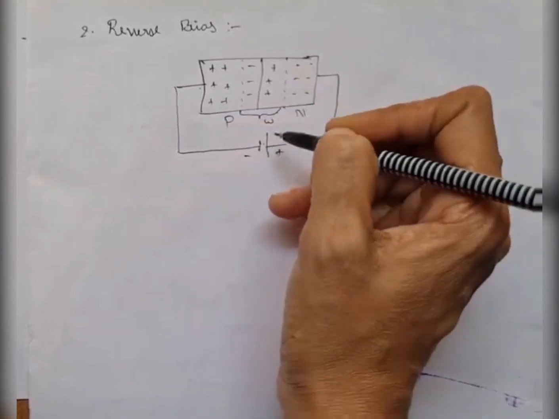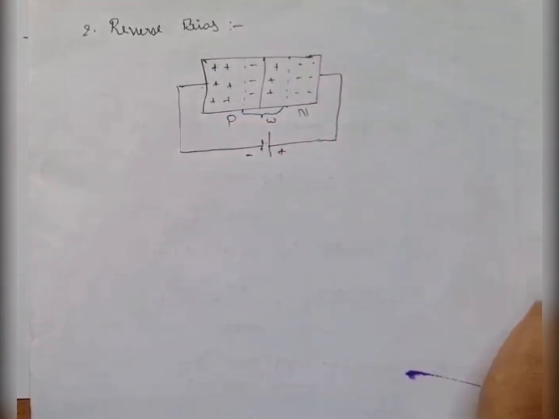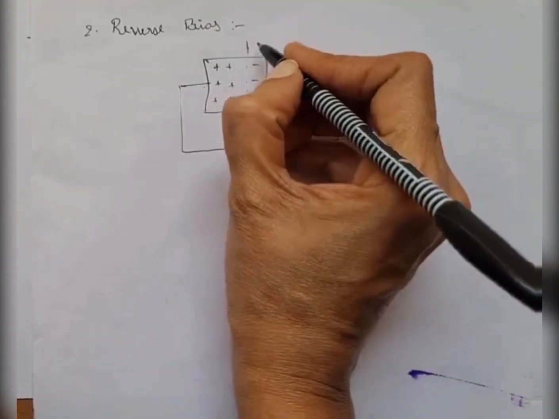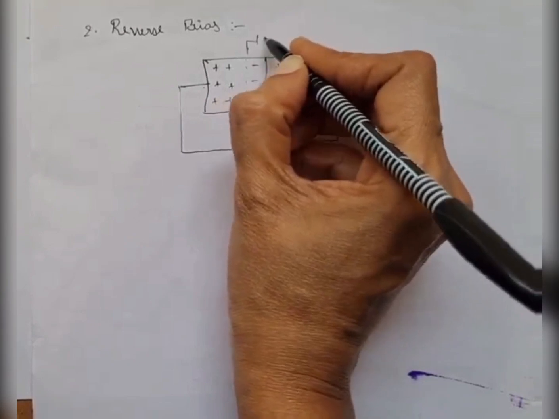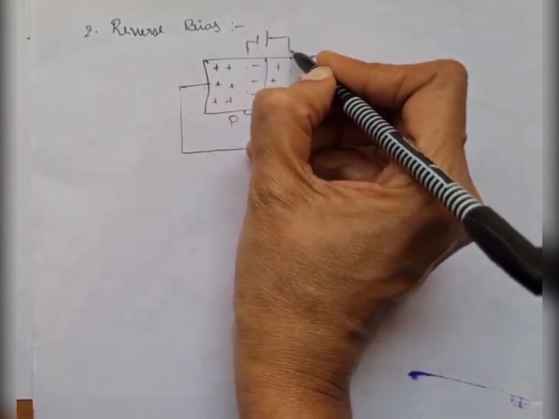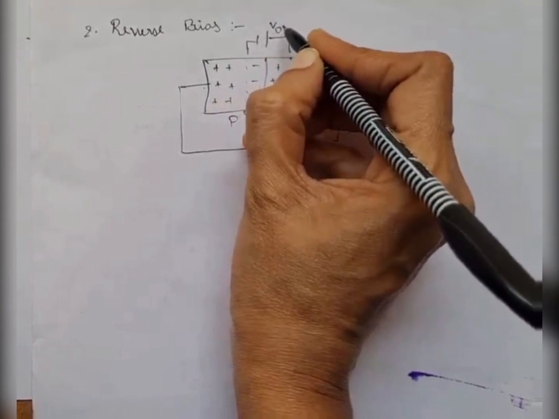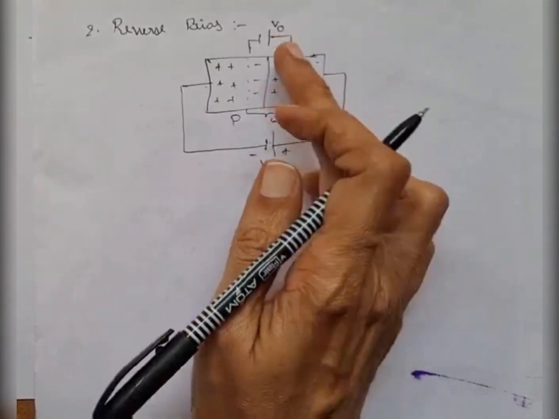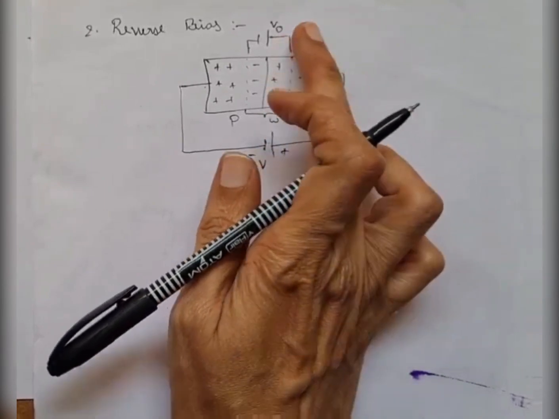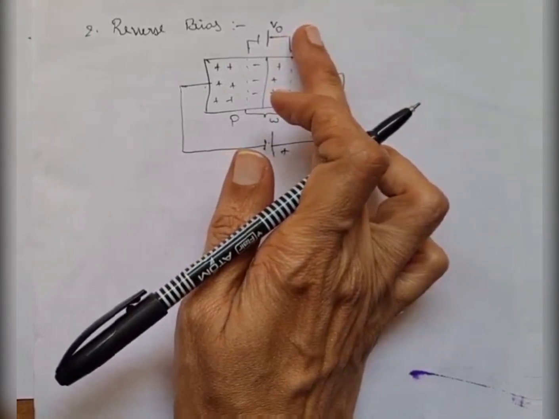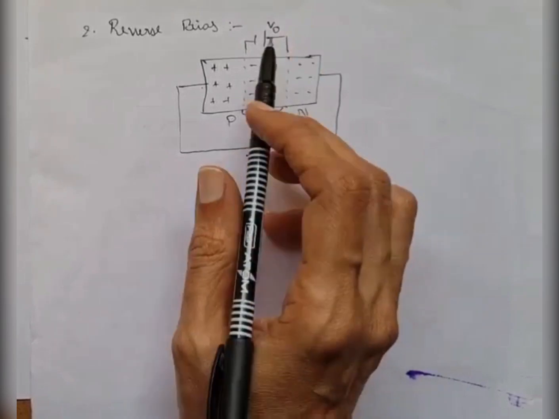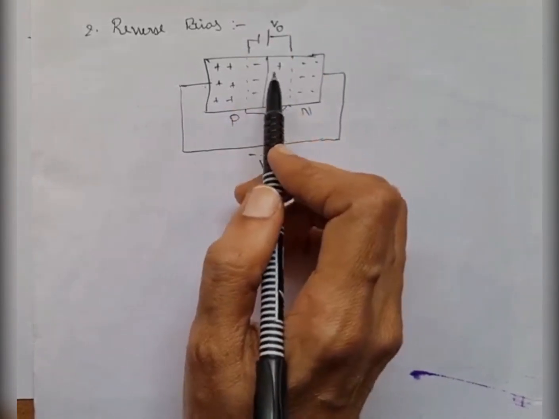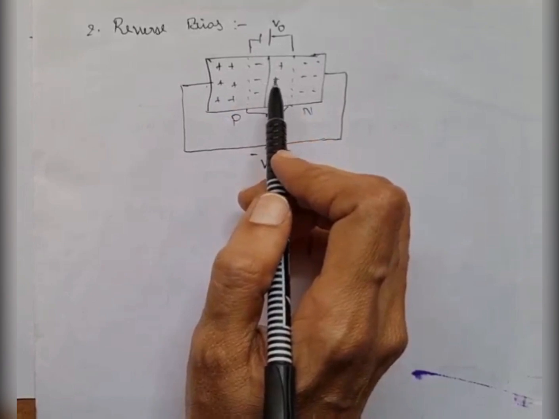Then what happened? The potential barrier voltage V0 and the applied voltage V are in the same direction. So the resultant potential barrier is increased, which prevents the flow of majority charge carriers in both directions.